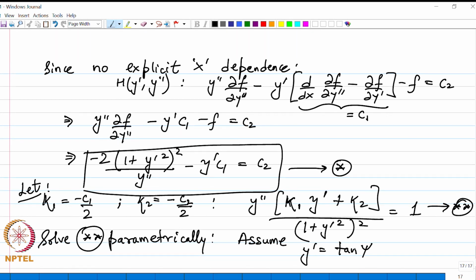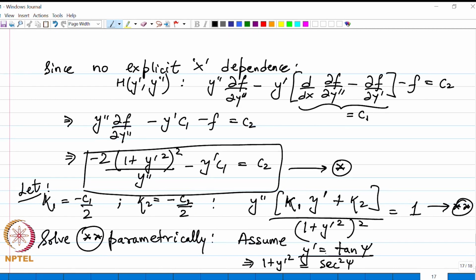Which means that my quantity 1 plus y prime square is secant square psi. Further, we also have the second derivative of y with respect to x, which we need to find with respect to psi.